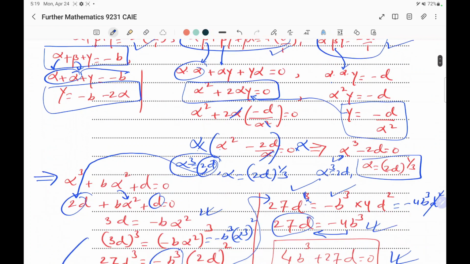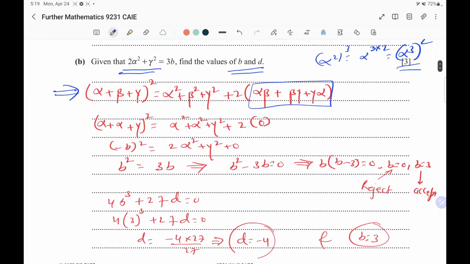Over here you can check, so that's 0. The sum of roots was minus b, so minus b whole square equals alpha square plus beta square plus gamma square, and here beta square is again alpha square. So what I got is b square equals 2 alpha square plus gamma square over here, right?